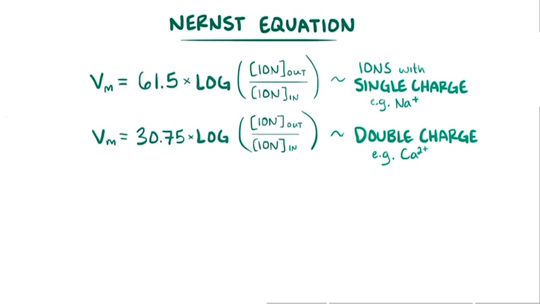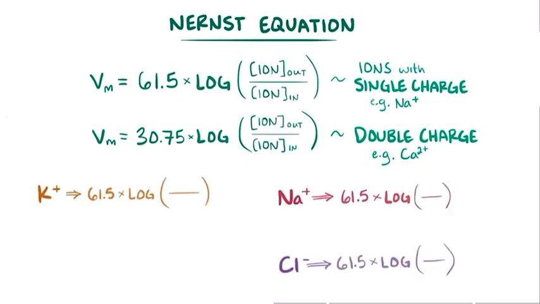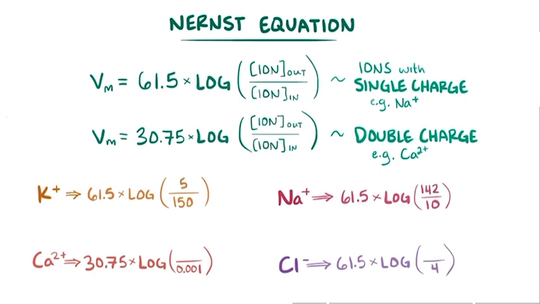For the four main ions that affect the cell's resting membrane potential, which are potassium, sodium, chloride, and calcium, the concentrations are 150 millimoles per liter, 10 millimoles per liter, 4 millimoles per liter, and less than 1 micromole per liter on the inside of the cell, and 5 millimoles per liter, 142 millimoles per liter, 103 millimoles per liter, and 5 millimoles per liter on the outside of the cell.